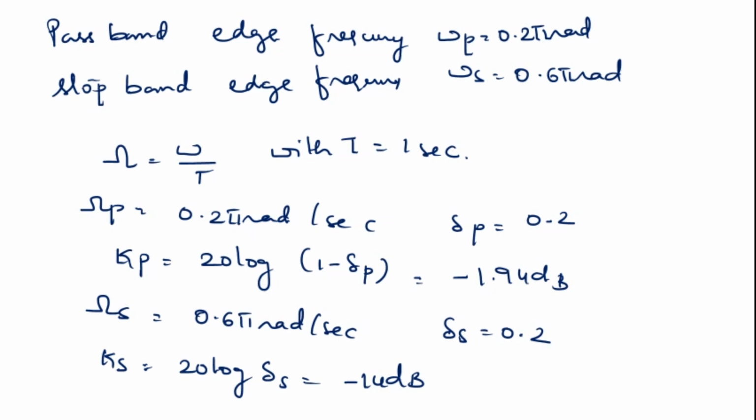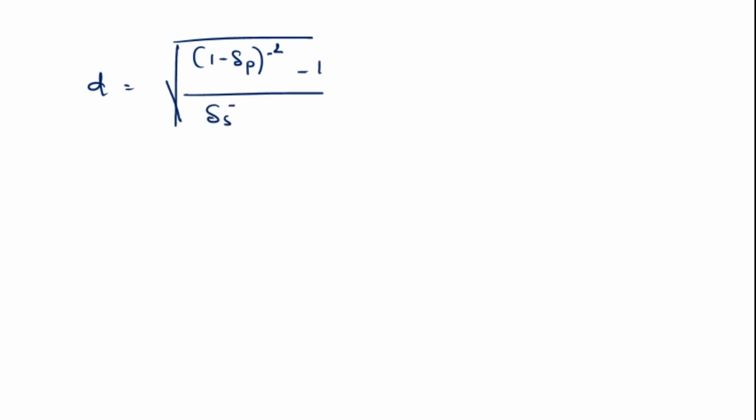Next, we have to calculate D. The formula is D is equal to root of (1 minus delta p) to the power minus 2 minus 1, divided by delta s to the power minus 2 minus 1. If you put the values, you will get the value 0.153. We know that K is equal to Omega p by Omega s, which is equal to 0.33.